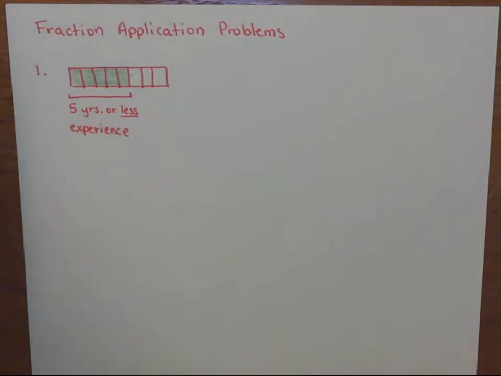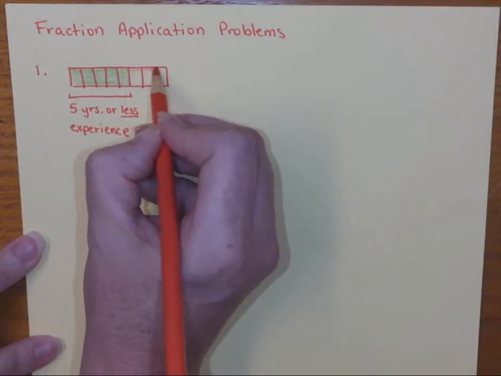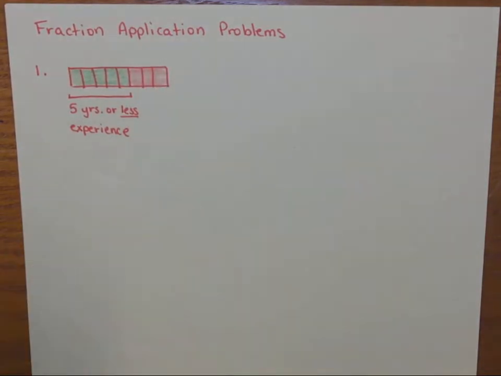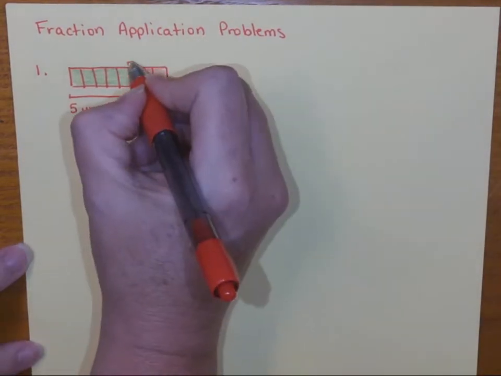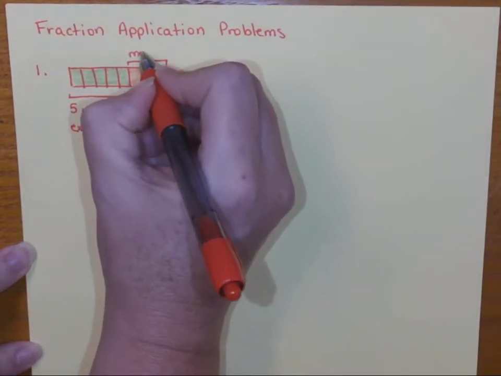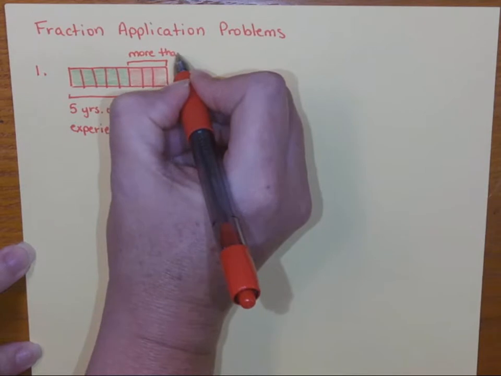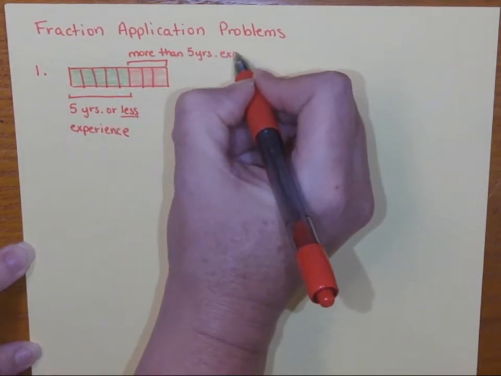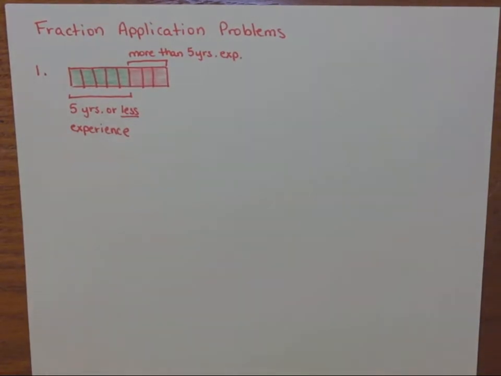So we can use a different color if we want to, but that means that the remaining teachers must have more than 5 years experience, right? All right, so now notice it says 15 teachers, actual people, have more than 5 years teaching experience.